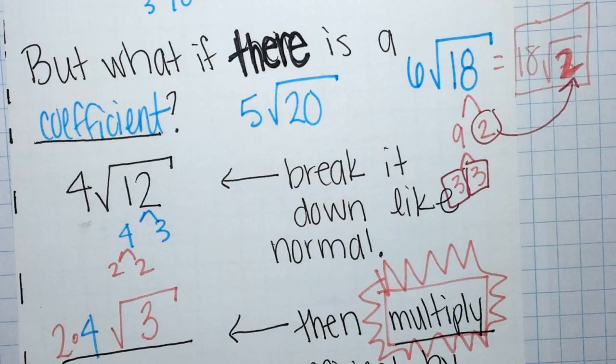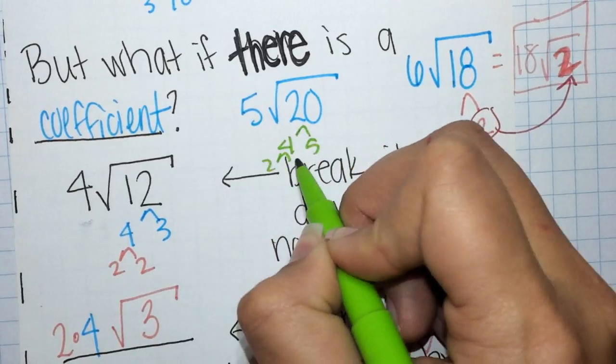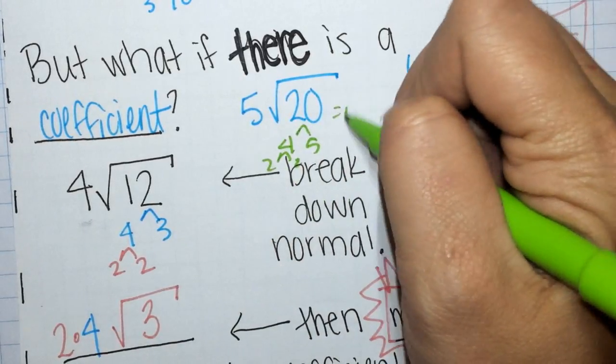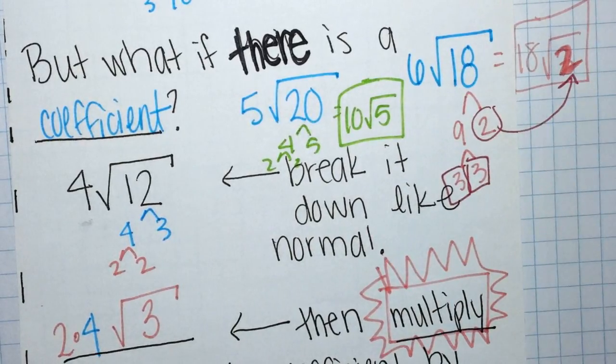But can you multiply the coefficients? Isn't that what it says? Natalie, isn't that what it says to do? Okay. Yes, very good job. Ten root 5.